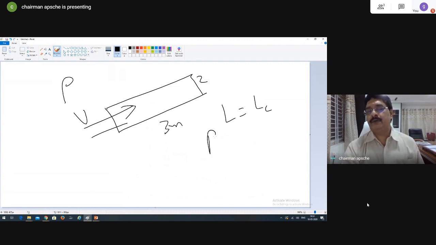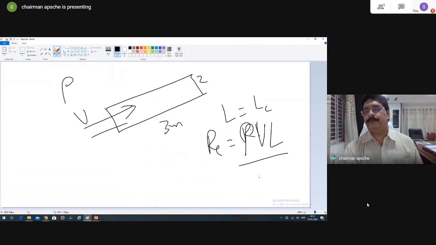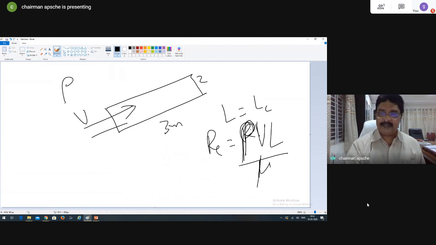You use it in the Reynolds number, rho V L by mu, and here L should be LC. In the Nusselt number also you use hL by k.